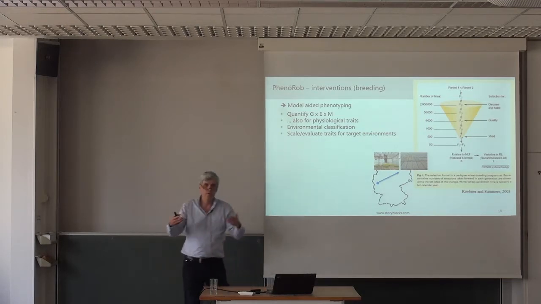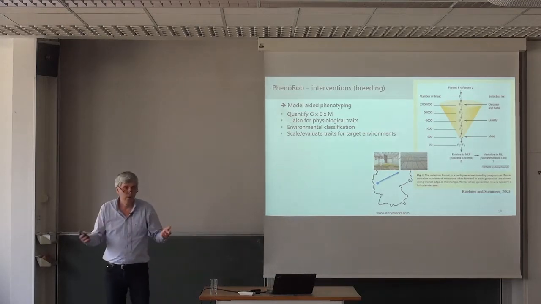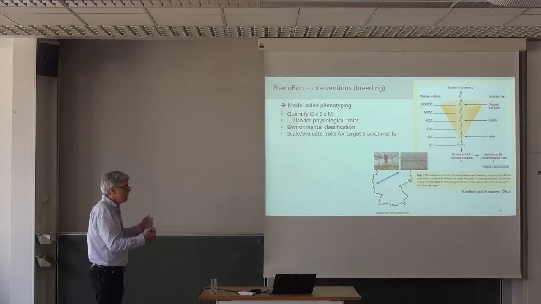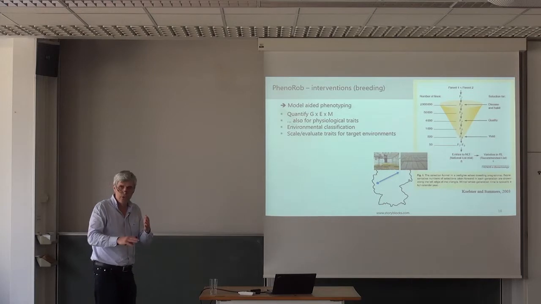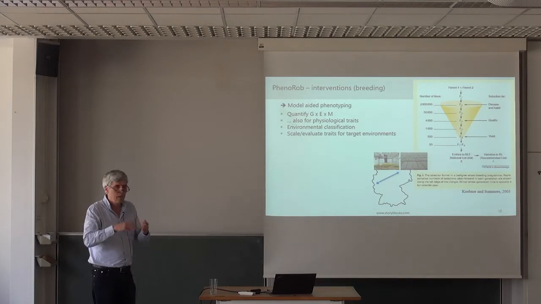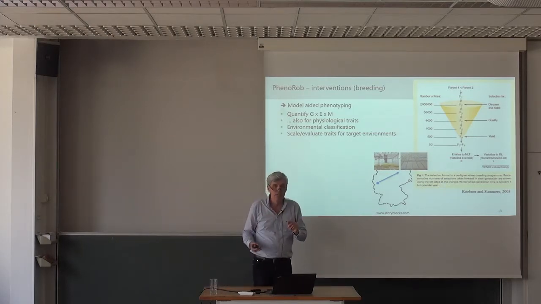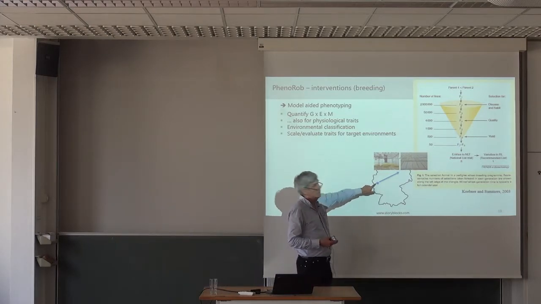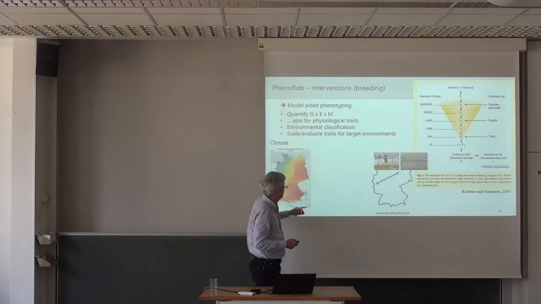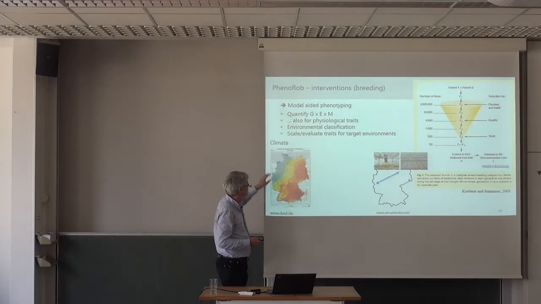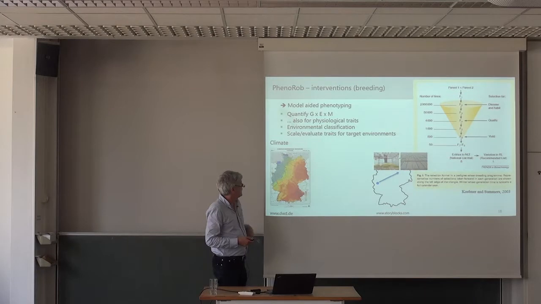Now with the new phenotyping platforms, we are able to also look into traits, get much more information about the physiological traits, and relate these traits to yield variability. But the disadvantage of these platforms is that they are quite expensive. And if you install a platform in this area, you only have it here. If you have a gradient in your climate, this is an integrated indicator of a climate in Germany.